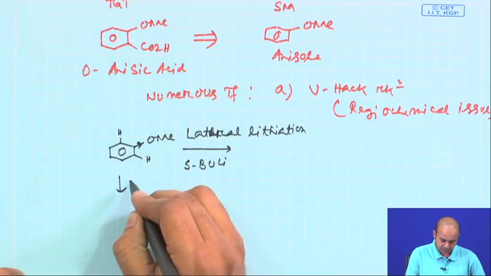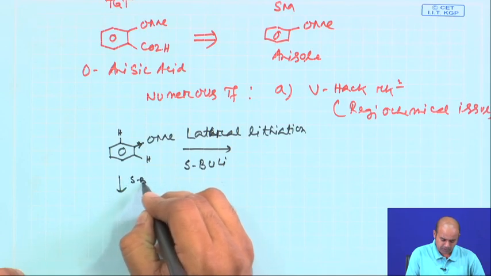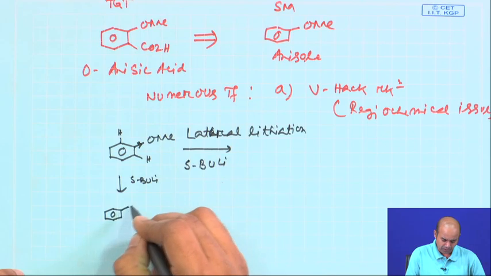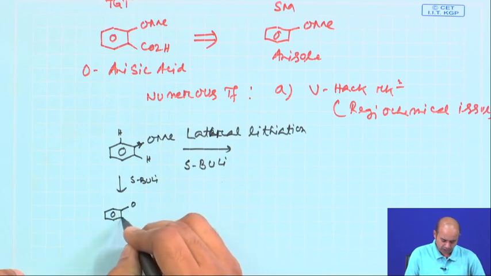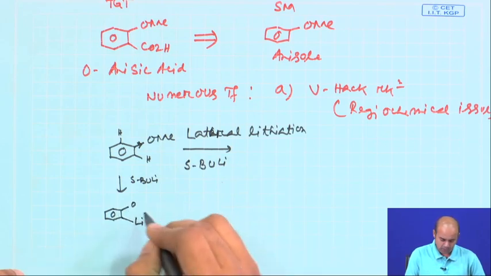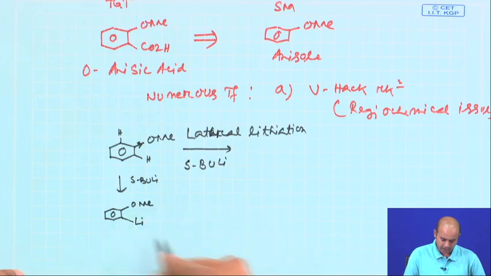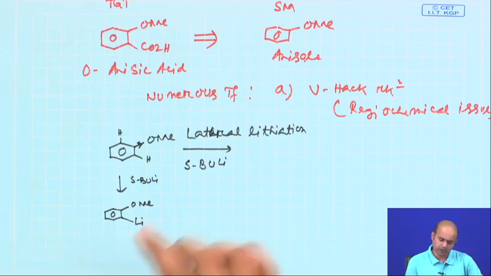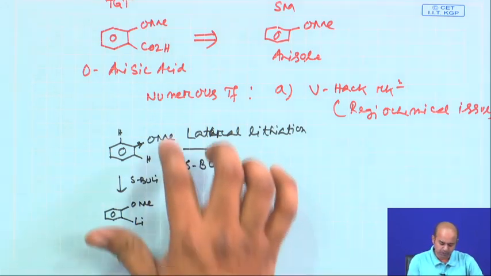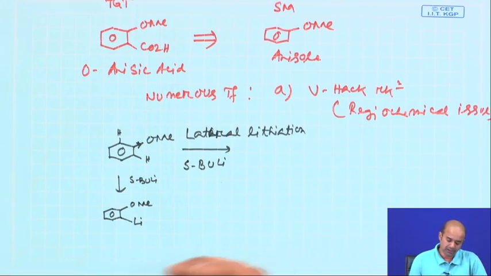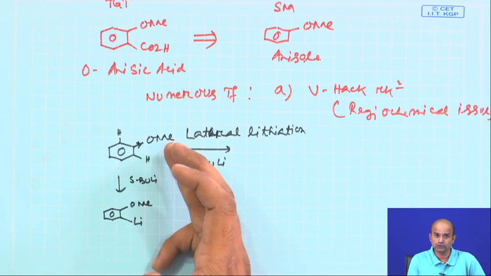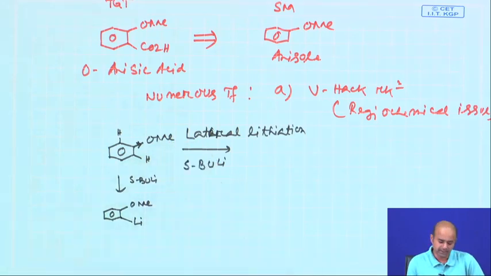If you subject this compound to sec-butyl lithium or tert-butyl lithium, one of these ortho hydrogens will be removed and you get a lithiated species, and that is called lateral lithiation or ortho-lithiation. The main point is that the ortho position is in close proximity to the methoxy group, which is why the hydrogen ortho to the methoxy group has much more kinetic acidity, and that is why it is picked up.